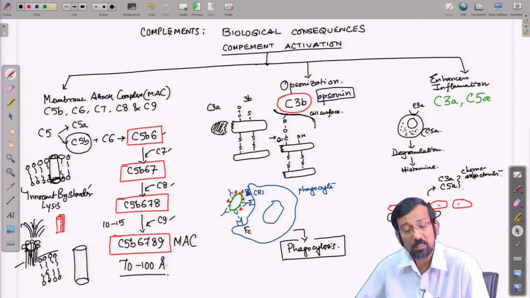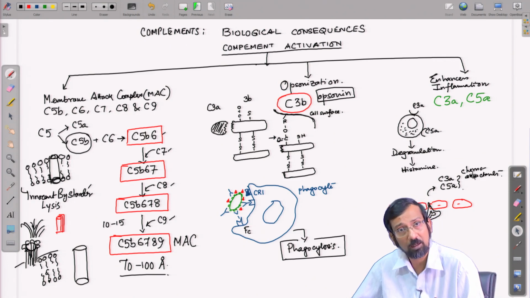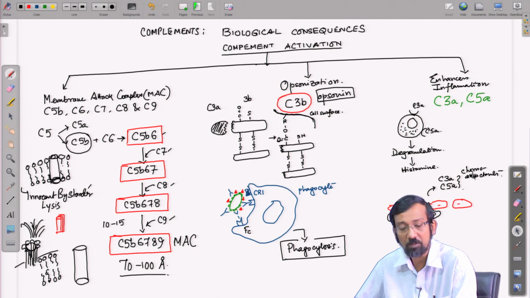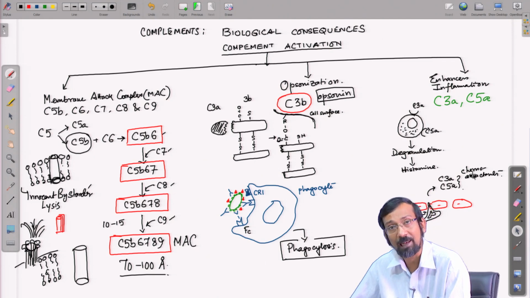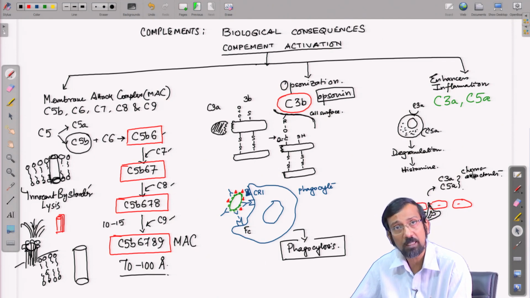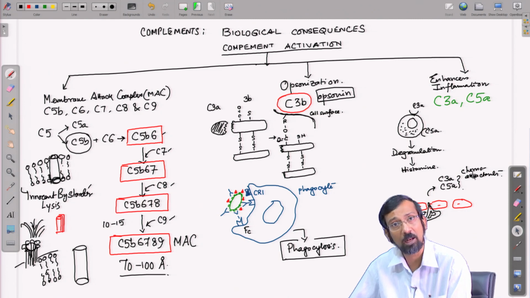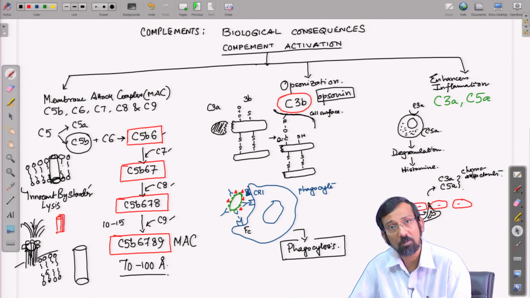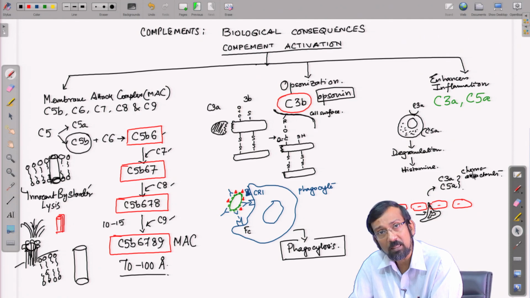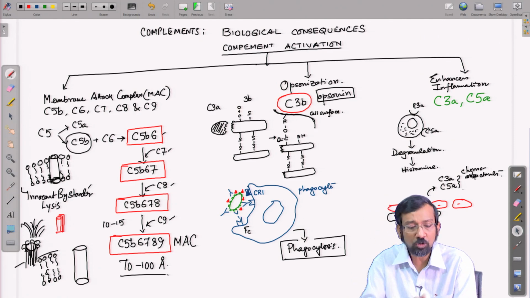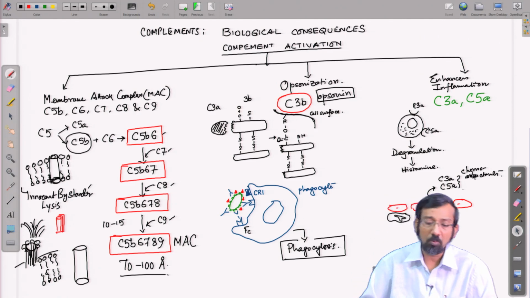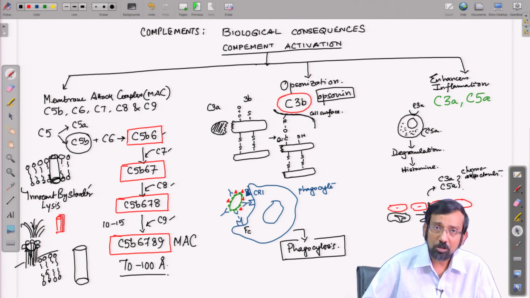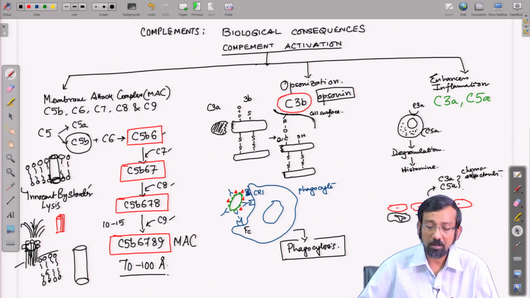One of the ways it does this is by formation of the membrane attack complex, the MAC. A second way is by opsonization along with the antibodies. It helps the antibodies as well. Along with the antibodies, it helps in engulfment of the pathogen, or phagocytosis of the pathogen. And the third is that it can enhance inflammation. So, these are the three major ways that the complement proteins perform their function.